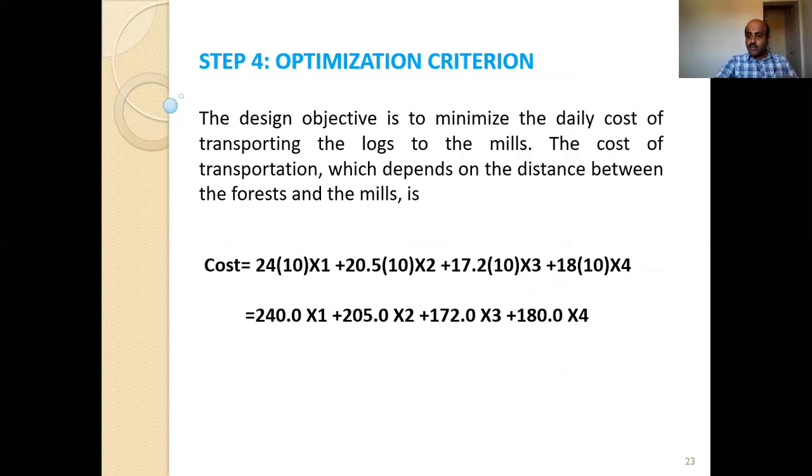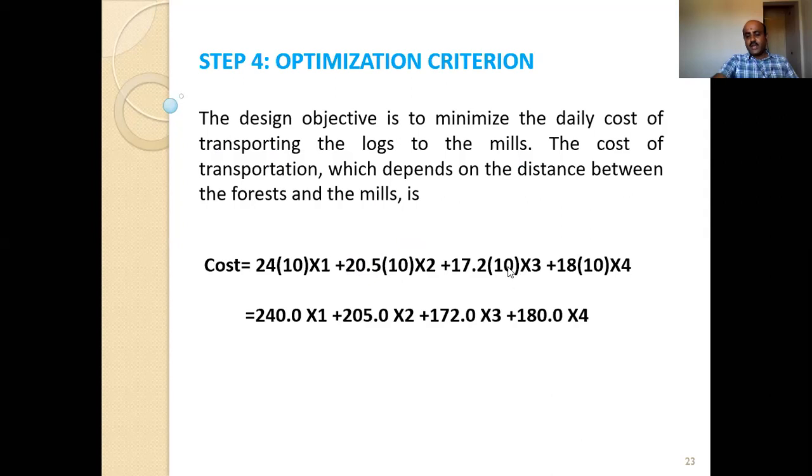It is the number of logs shipped from forest 2 to mill A. So this corresponds to the total transportation cost incurred for shipping the x2 number of logs from forest 2, which is at a distance of 20.5 kilometers from mill A. So this is how we have formulated the cost function.